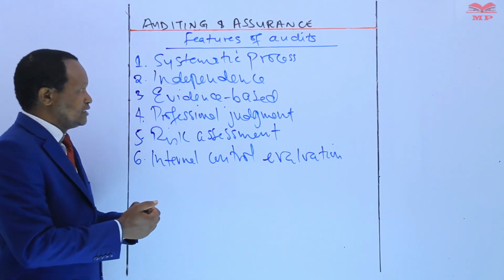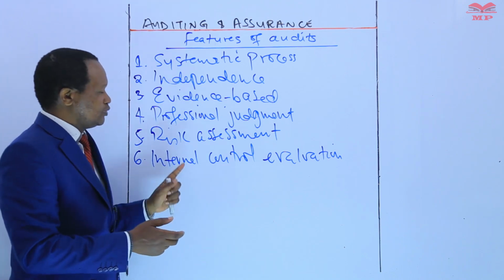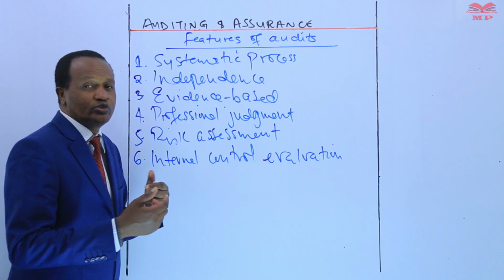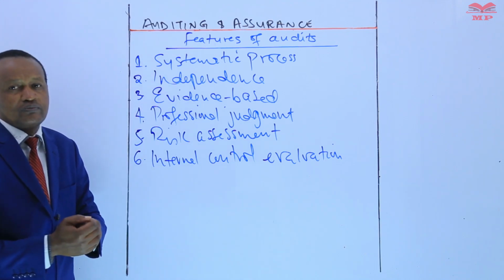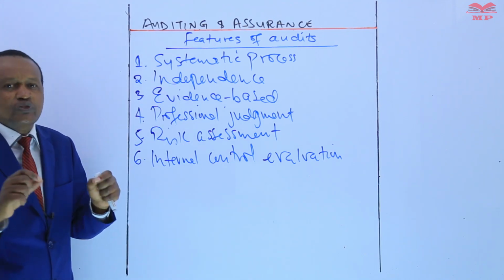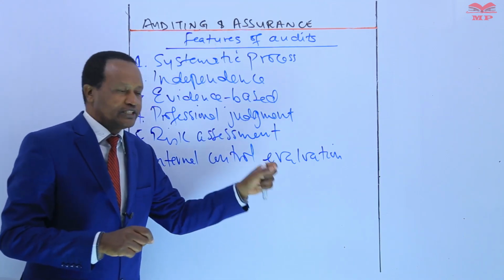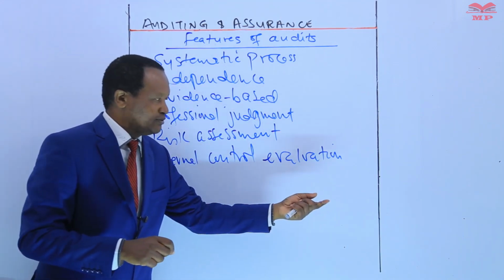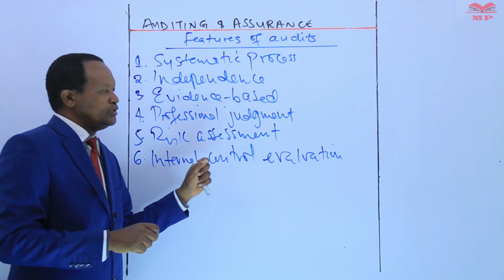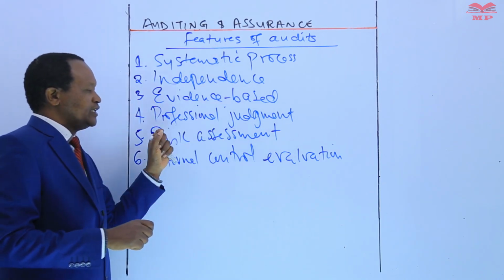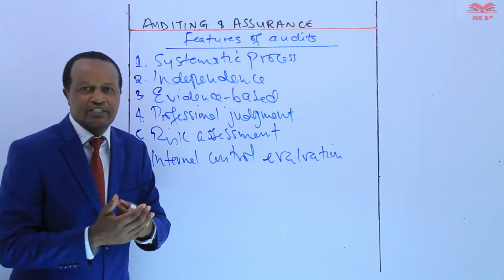So when auditing, an auditor will have to evaluate the internal control system of an organization. Auditors have to evaluate the effectiveness of the internal control system. The internal control system is developed by the management, but the auditors have to evaluate if the internal control system is effective.